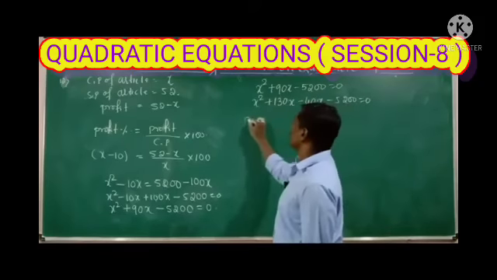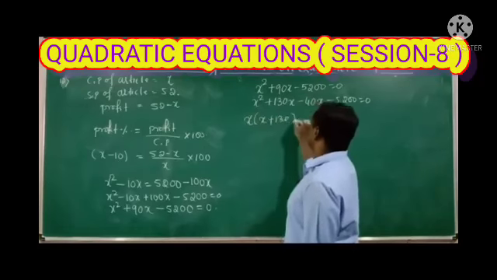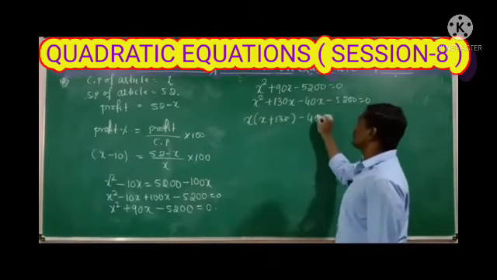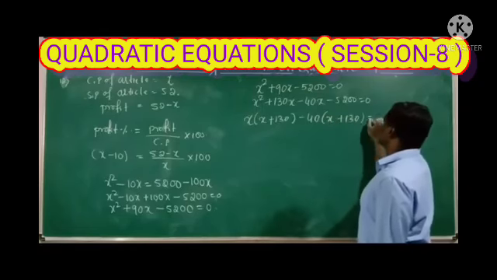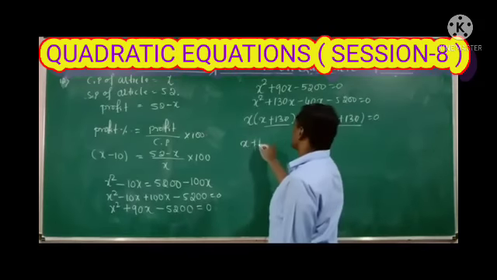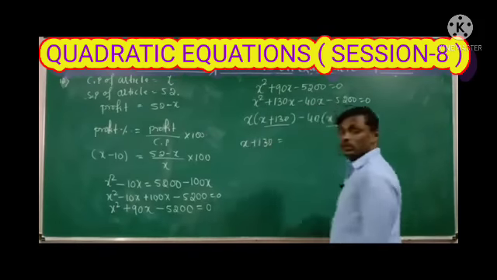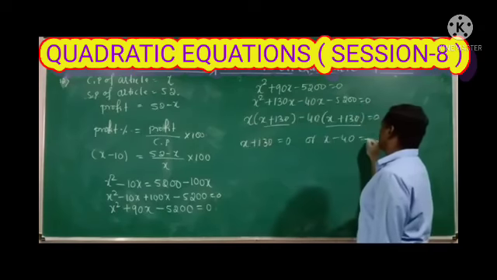In the first two terms we are taking X as common, so the remaining is X plus 130. In the last two terms we are taking minus 40 as common, X plus 130, which is equal to 0. Again we have a common term here. So X plus 130 is equal to 0, or X minus 40 is equal to 0.